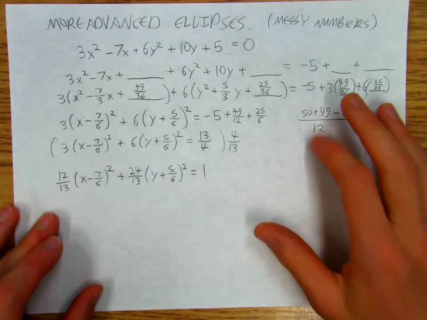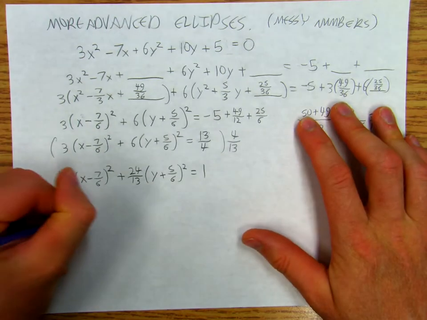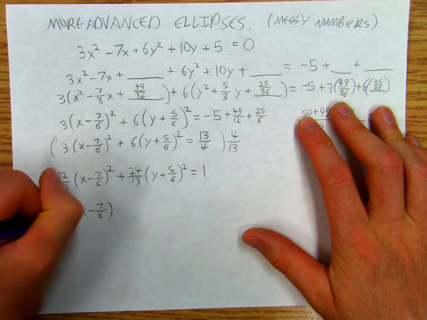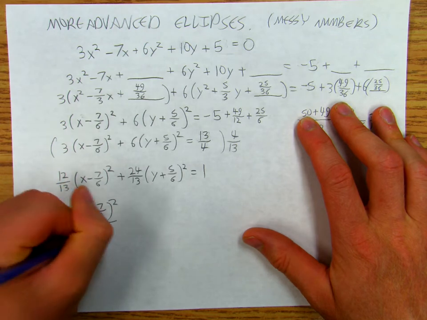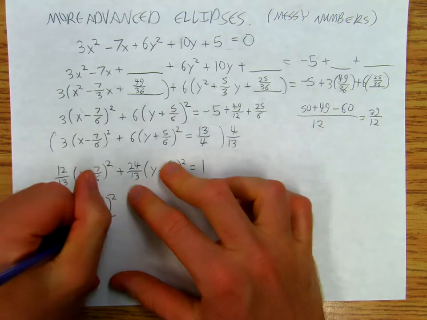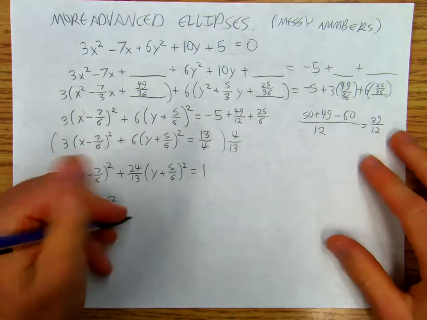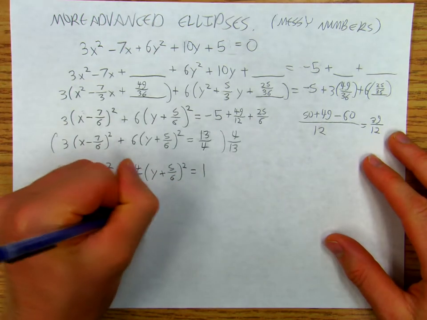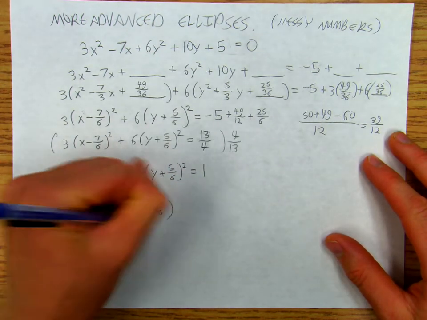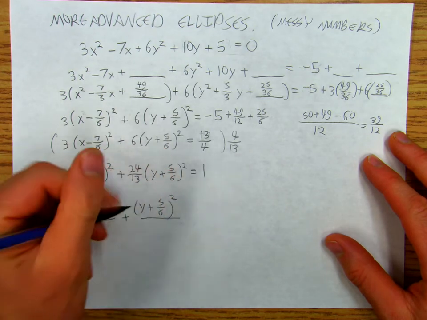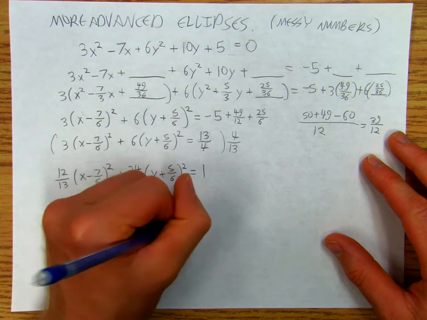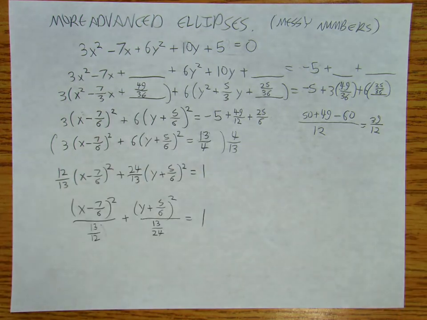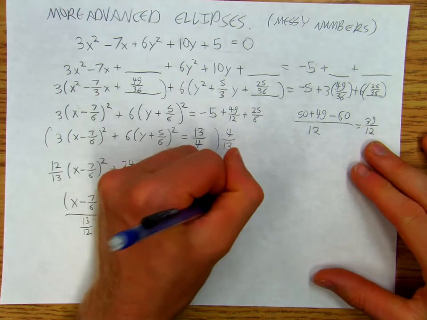And then I'm going to write it as x minus 7 over 6 squared over 13/12 plus y plus 5 over 6 squared over 13/24 equals 1.